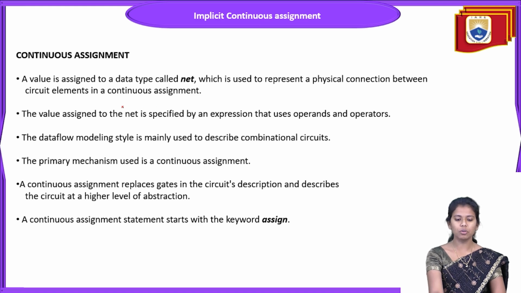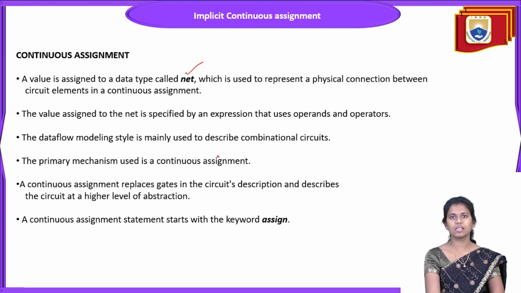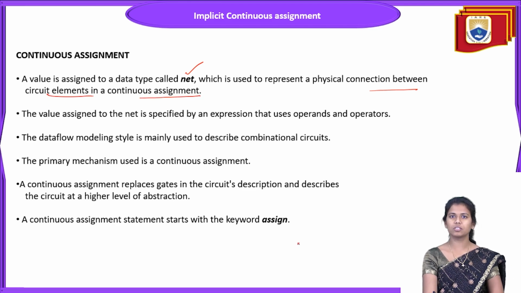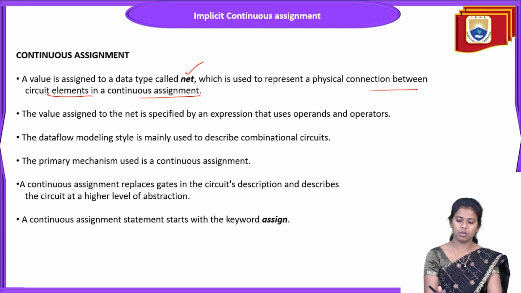A value is assigned to a data type called net. We all know what a net is. Nets consist of vectors as well as scalar variables or values, used to represent a physical connection between circuit elements in a continuous statement. So there is a physical connection between the blocks.